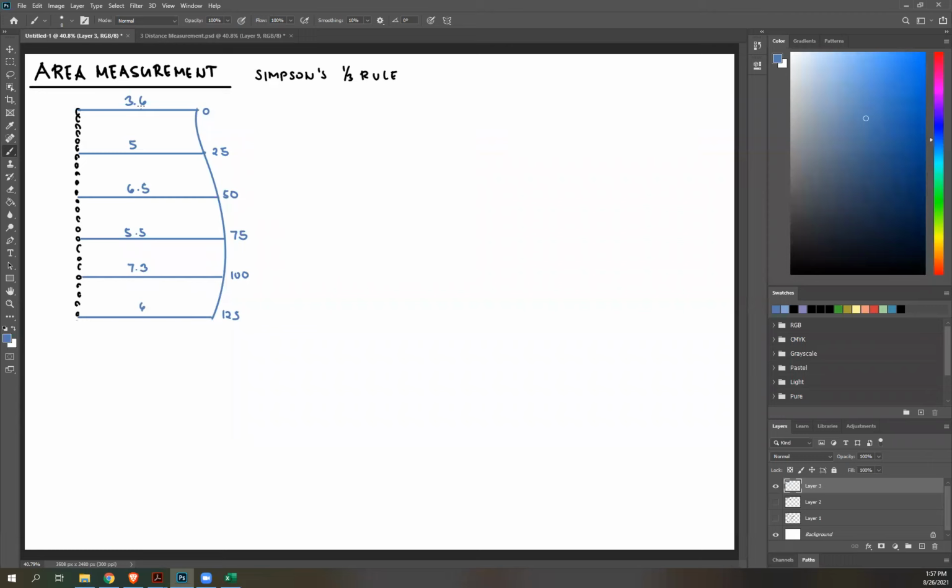Since this is even, 1, 2, 3, 4, 5, 6, you're going to leave out this last part. So instead, let's use this for your Simpson's 1/3 rule, and then the remaining would be the trapezoidal rule.